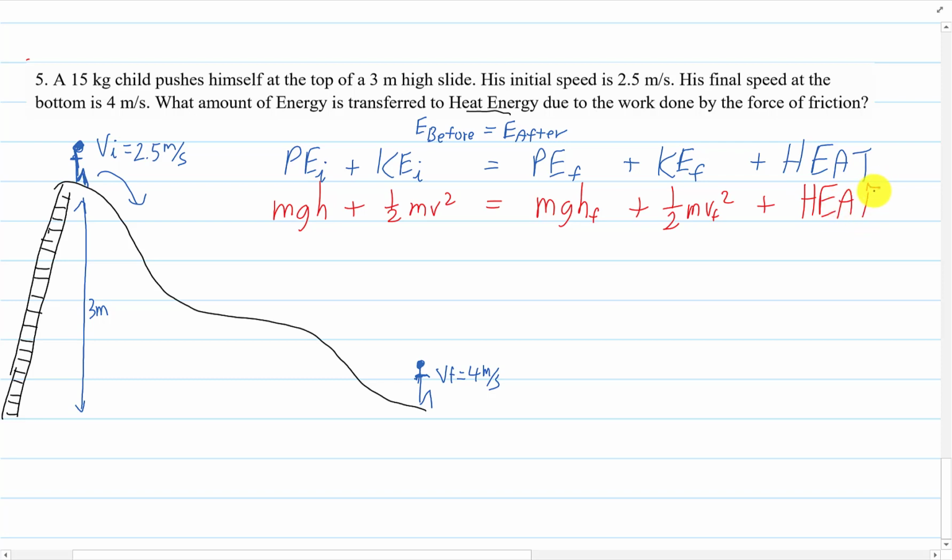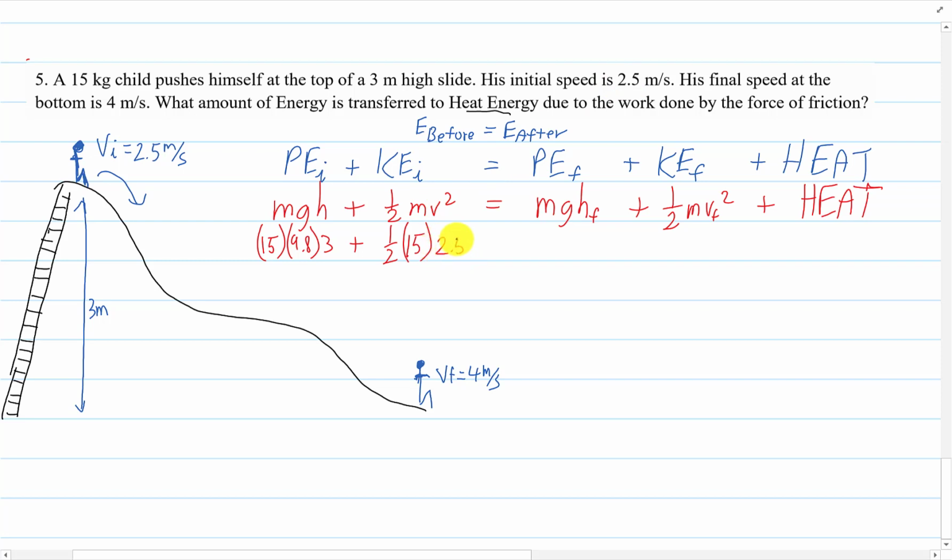Okay, so this is going to be 15 times 9.8 times 3 plus 1/2 times 15, he's 15 kilograms, small little child. And v, he starts off at 2.5.